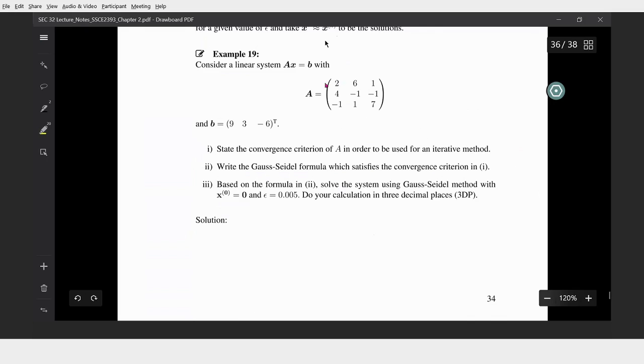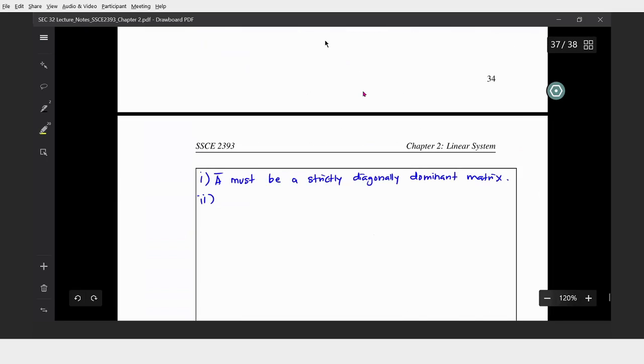In the first row, the largest is 6, which is in the second column, but it should be in the second row. So this is not true. This is not SDD initially. So rearrange your A and B as well.